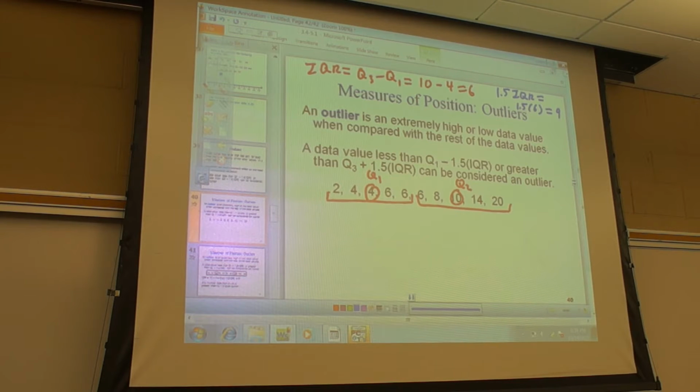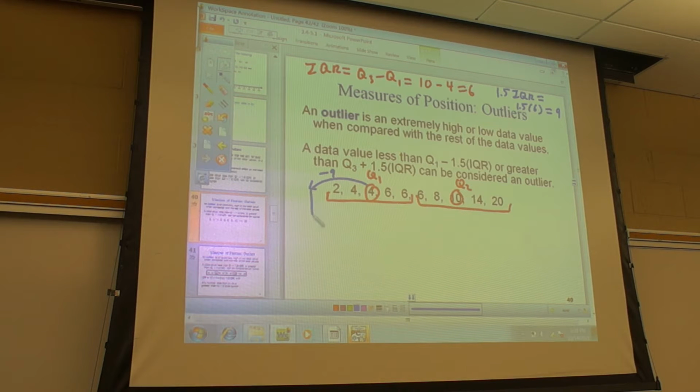Think of it like this. An IQR costs $6. How much does 1.5 IQRs cost? $9. So is that a little bit better if you put it in terms of money or something you're more familiar with? So 1.5 IQRs is 9. I'm going to find my Q1, and I'm going to subtract 9.